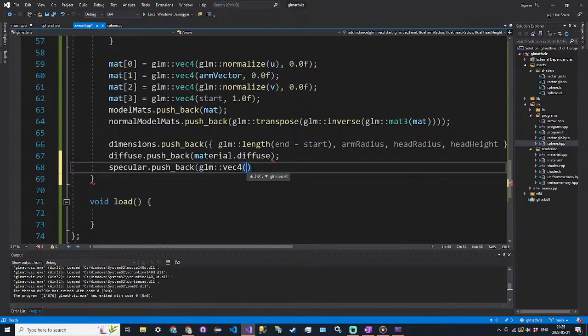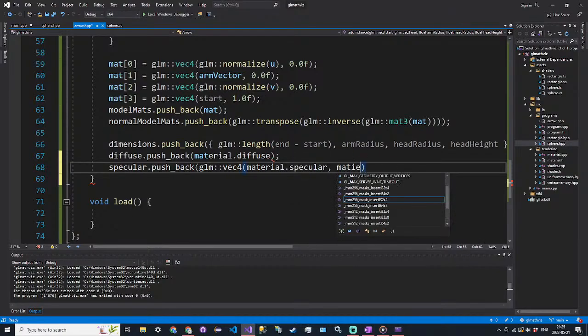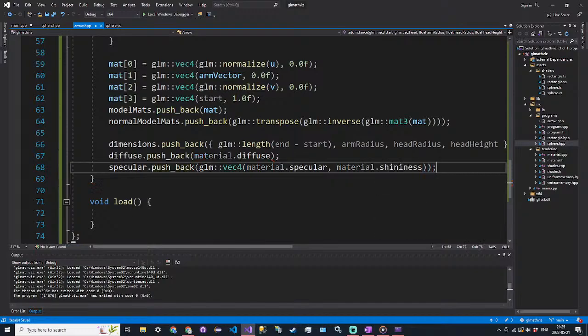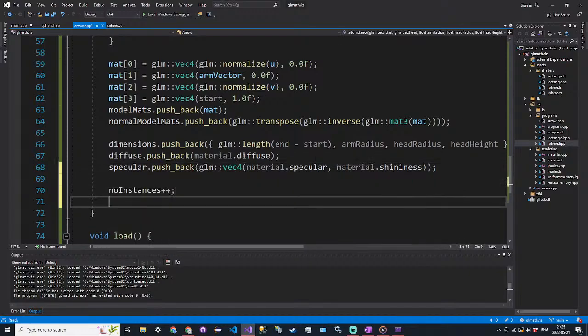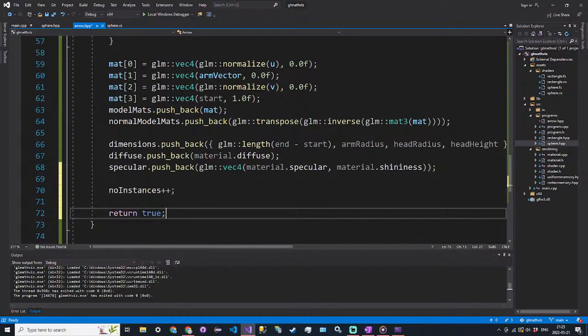GLM vec4, so we need to convert material dot specular to a vec4 with material dot shininess as its final component. So that's all the data that we need for each instance. And then we increment number of instances and then return true.